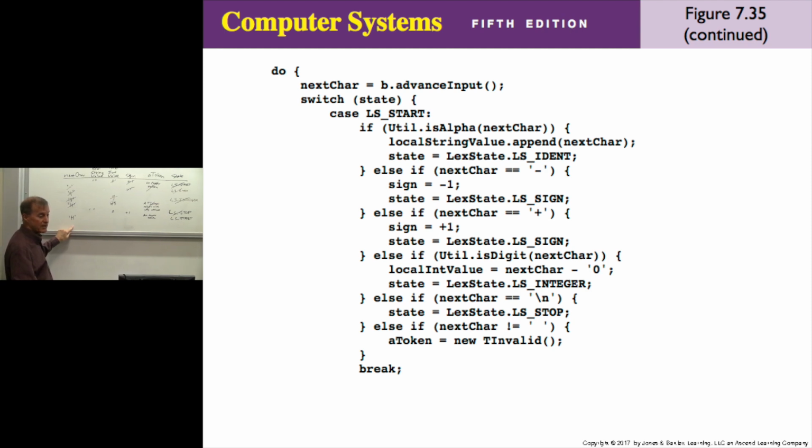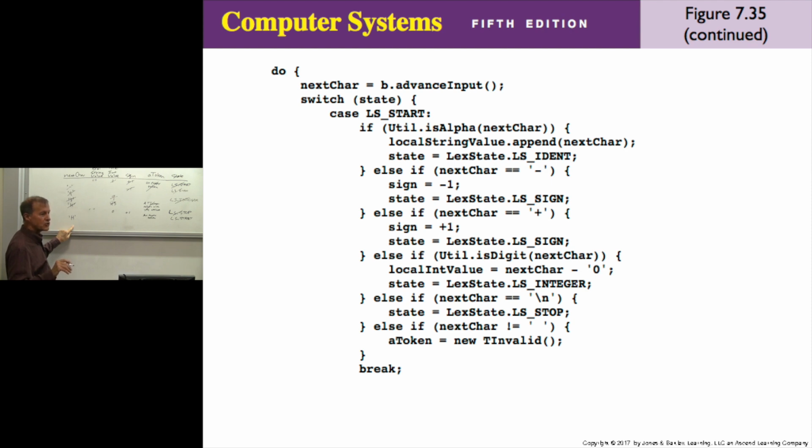So now look what happens. This is our string buffer type. It says local string value dot what? Append next char. Do you see that's mutating local string value?